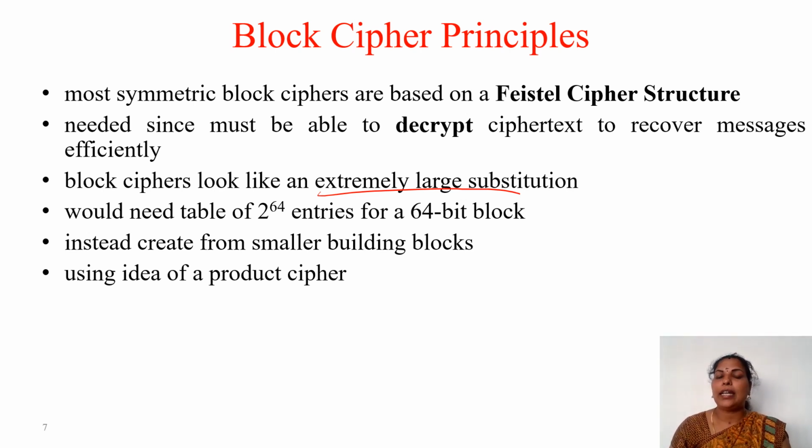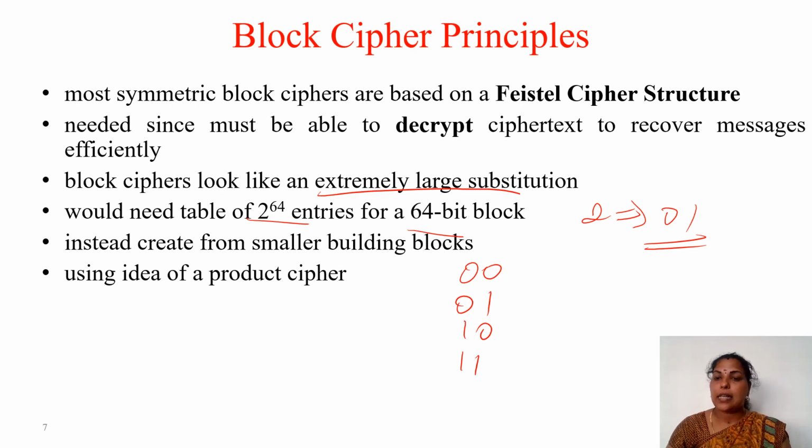So here we need a table of 2 power 64 entries for a 64-bit block. Generally, we are taking large bit blocks. If your block is 64-bit, then we have to take 2 power 64 entries, all possible combinations. For example, with two bits, zeros and ones, how many combinations can we have? 00, 01, 10, 11, 4 combinations.